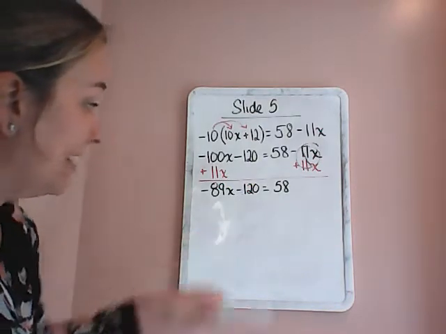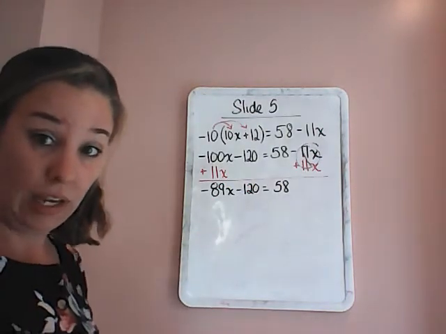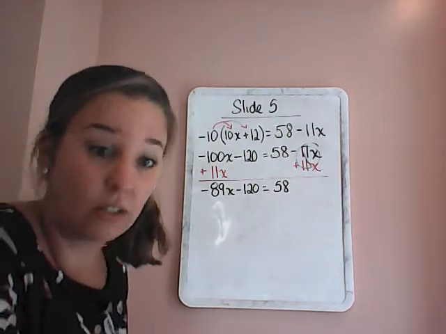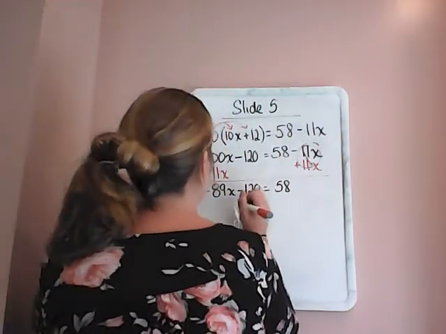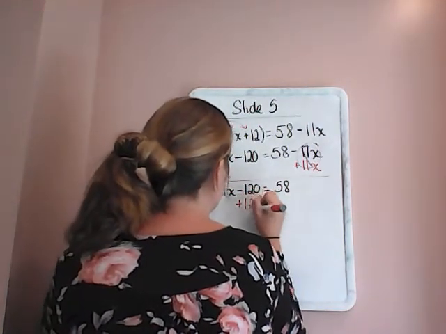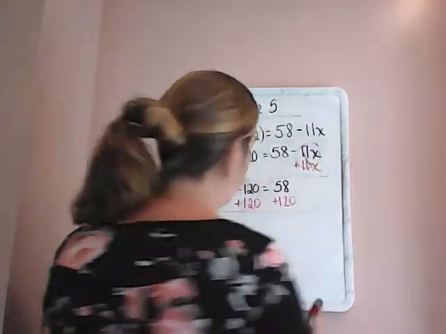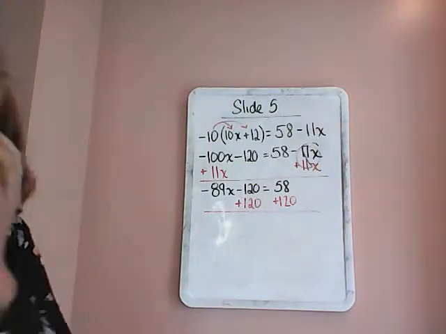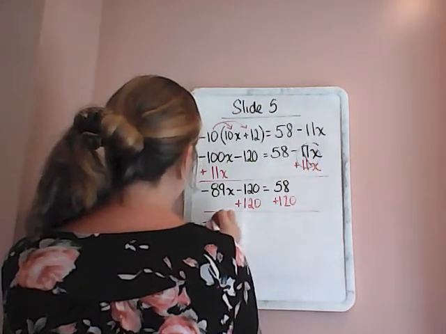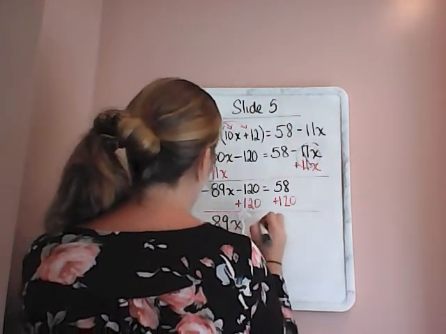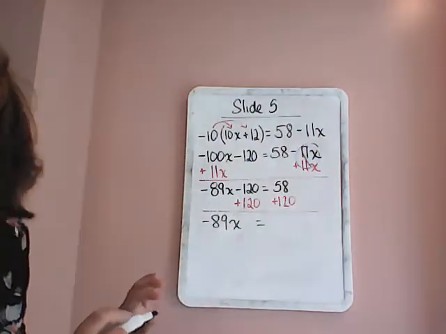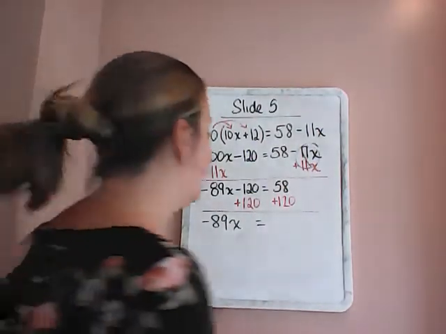Now let's get this negative 120 over. Inverse of negative or minus, you're going to add 120 to both sides. So now we have this negative 89x, and that is going to equal, yes, I am cheating off of my notes, 178.